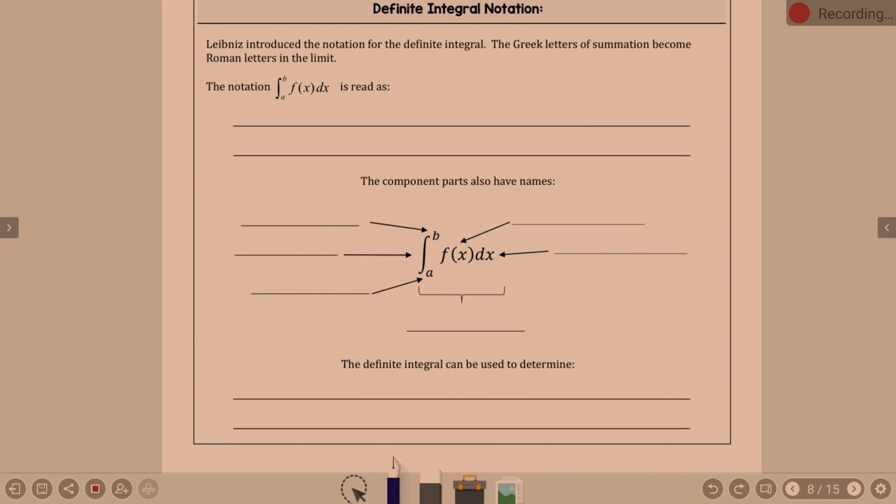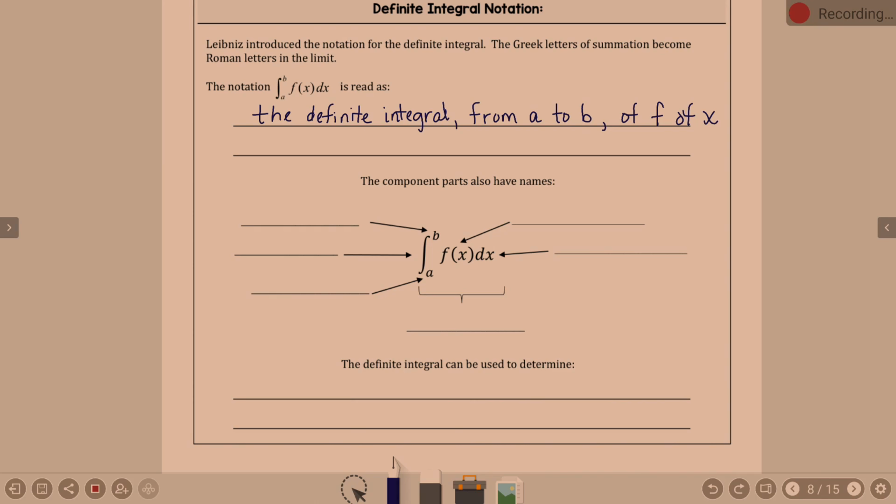So if I put some words down, I'm going to say the definite integral from A to B, on the interval from A to B, of f of x.